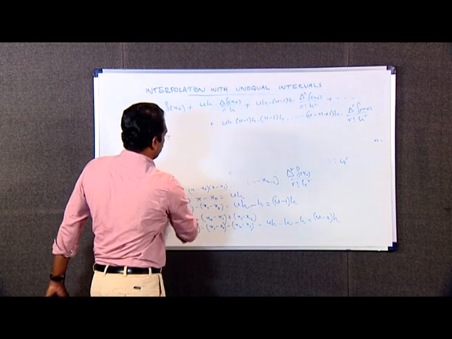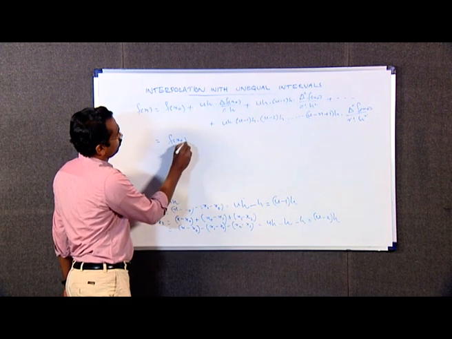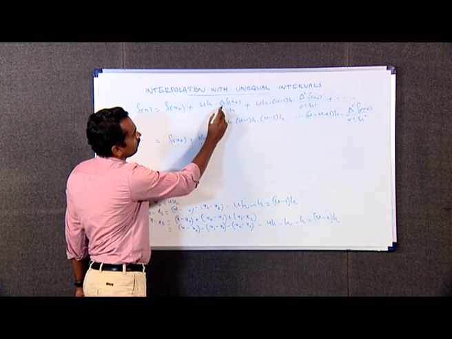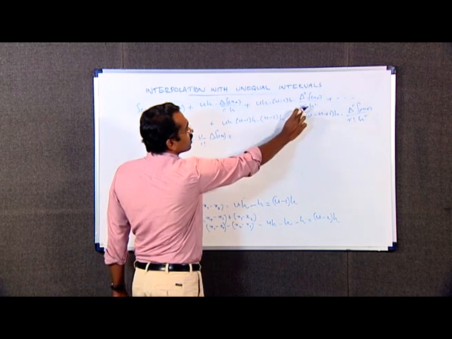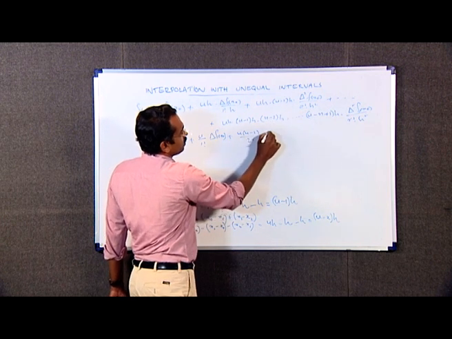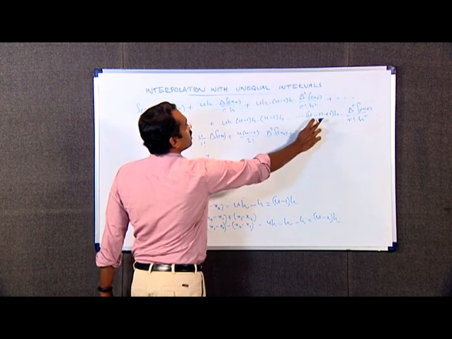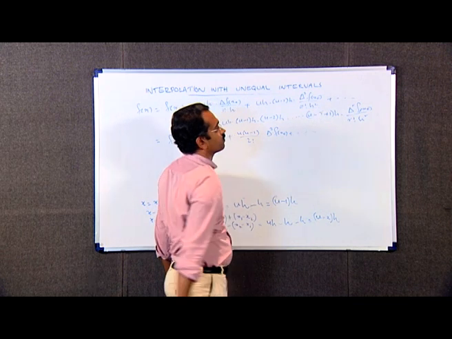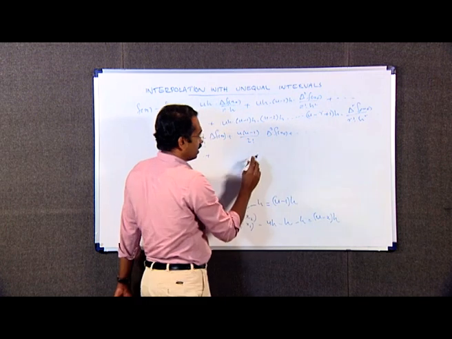This is equal to f of x naught plus, here h and h cancel, u by 1 factorial into delta f of x naught, plus, here h into h is h square and this h square cancels, u into u minus 1 divided by 2 factorial delta square f of x naught, plus etc. Plus, in general, u minus r plus 1 times h is multiplied r times, therefore h raised to r in the numerator cancels with the denominator h raised to r.